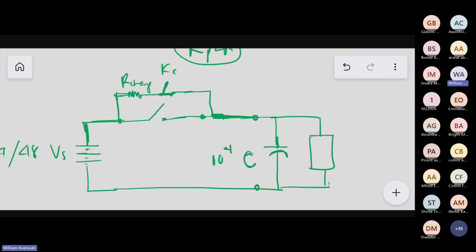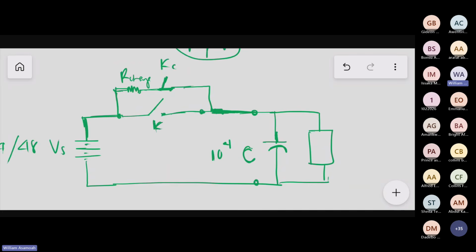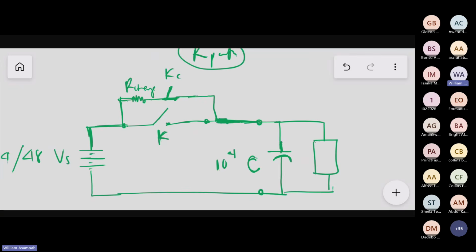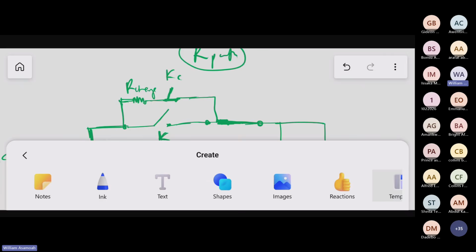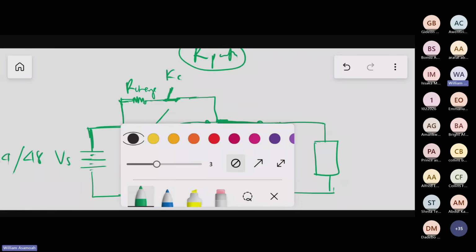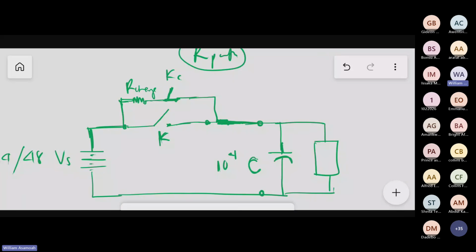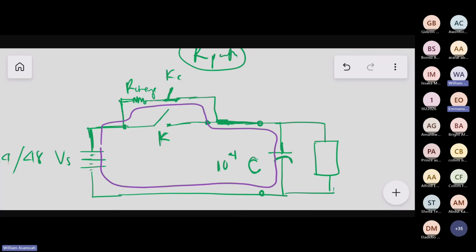And let me call this one K, the normal key K. So at startup, we will close KC, then open K. When we close KC and open K, the current will flow like this. The current will flow like this and charge the capacitor and come here.